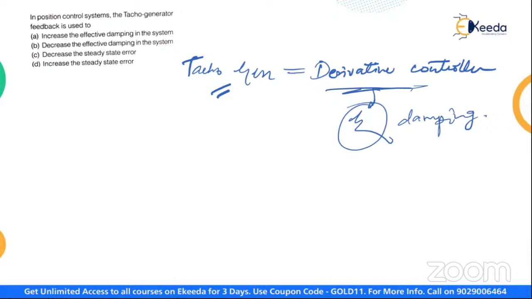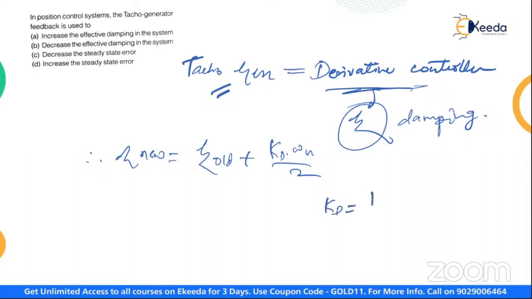Yes. Now, therefore, what is that? Zeta new equals zeta old plus kd into omega n upon 2, is a formula we should know. So, what do you understand from this? Whereas this kd is nothing but what? Tachometer constant, it is given. Now, if kd is the tachometer constant, so what do you get now?